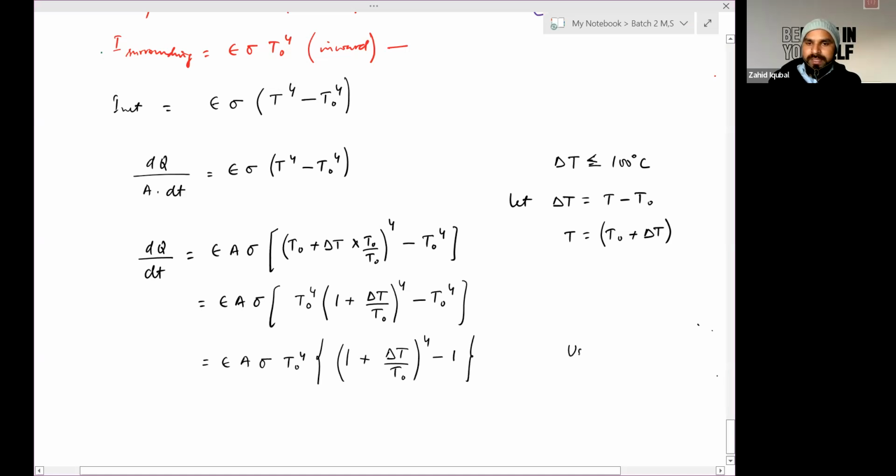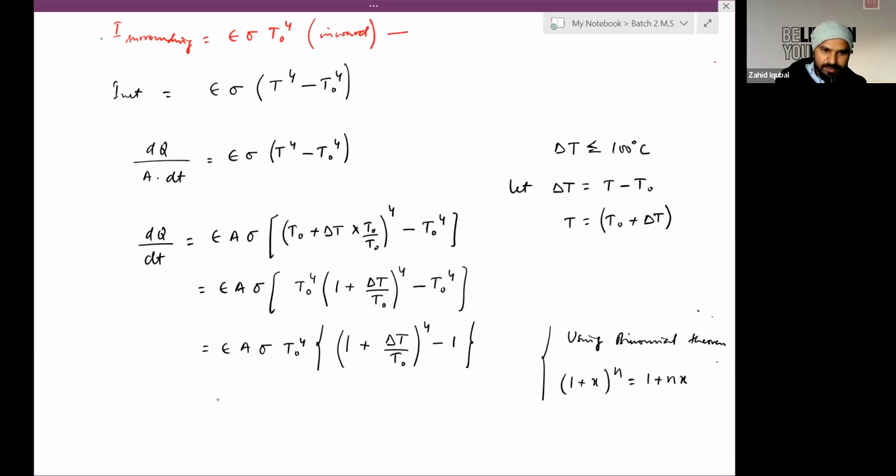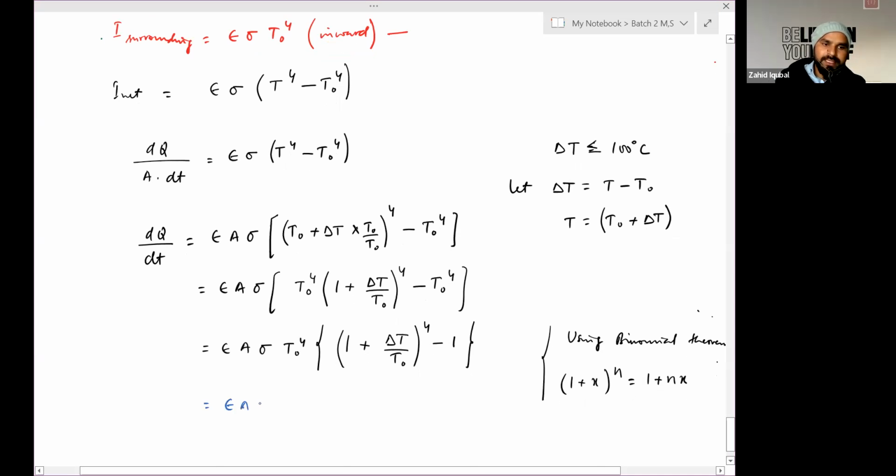Now using binomial expansion, we may write (1 plus x) to the power n equals 1 plus n times x, when x is very small as compared to 1. So this expression will become epsilon A sigma T naught to the power 4 times (1 plus 4 times delta T by T naught minus 1). So 1 and 1 will cancel out.